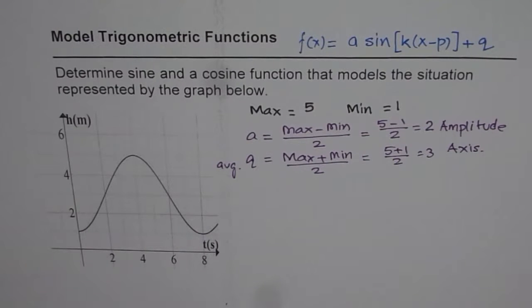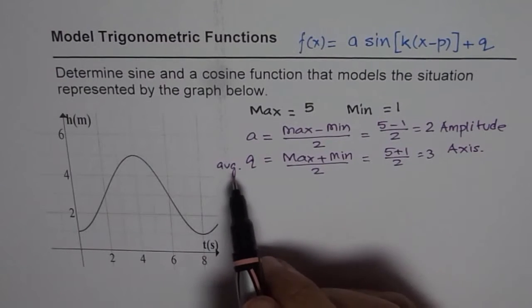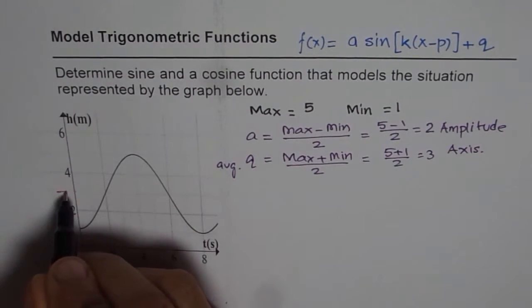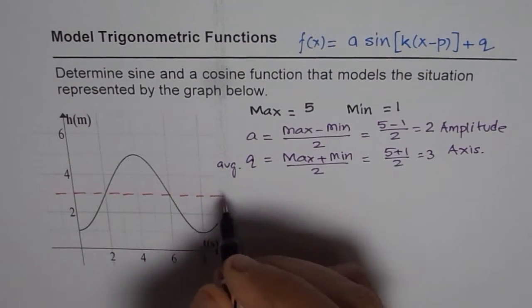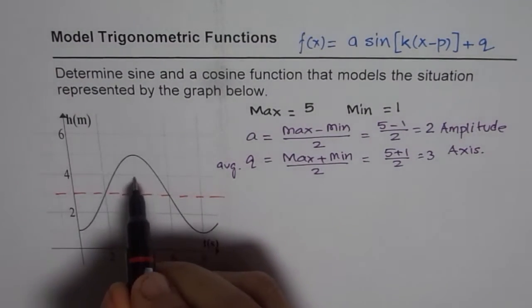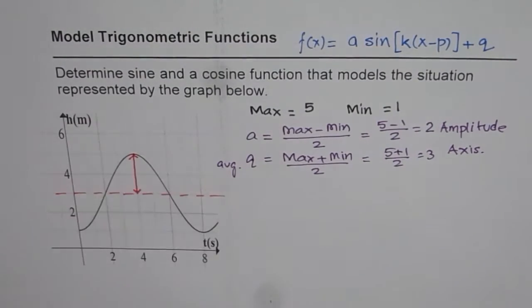Now once you get this, it's good practice to sketch the average, which is the axis of the graph. It is at 3. So let me just draw a dotted line here, which represents q for us. Now from here you can see that the graph goes 2 units up. So that is the amplitude.